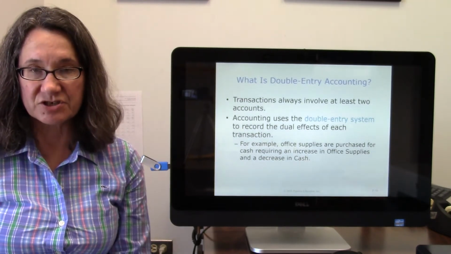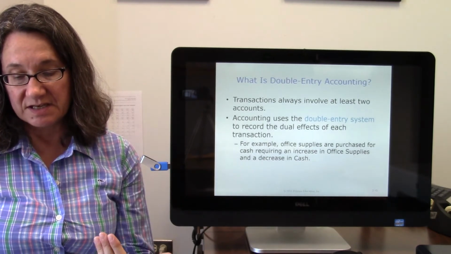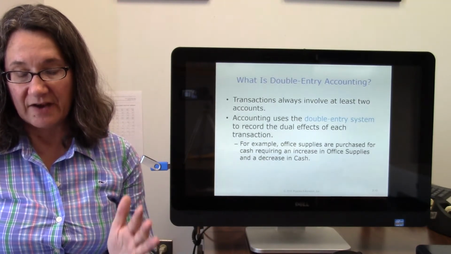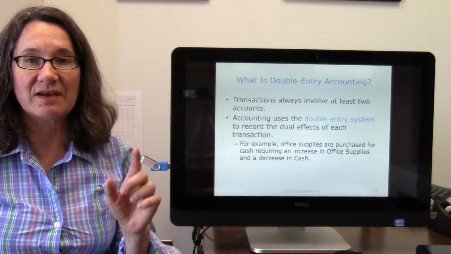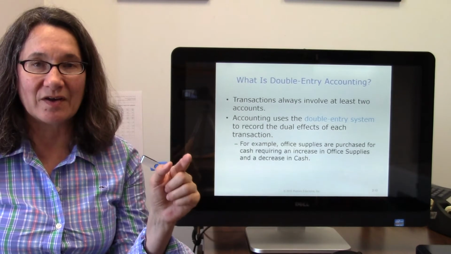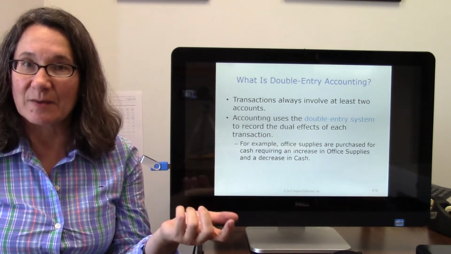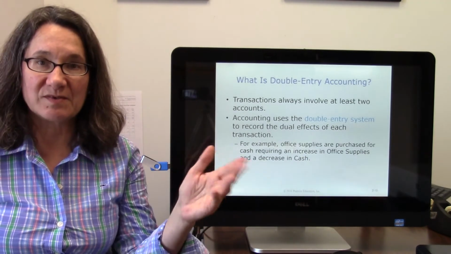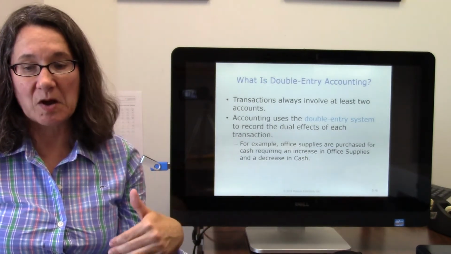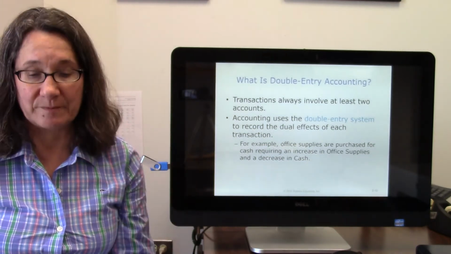In addition, recording only one side of the transaction leaves the equation out of balance. Remember, we always have to have A equal L plus E. So whenever something happens on one side of the equation, something has to happen on the other side or on the same side to keep it in balance. That's why we call it double entry, because there's going to be a balancing entry.